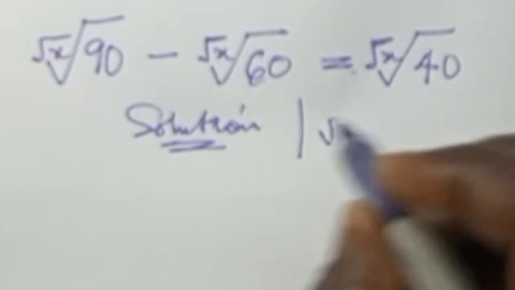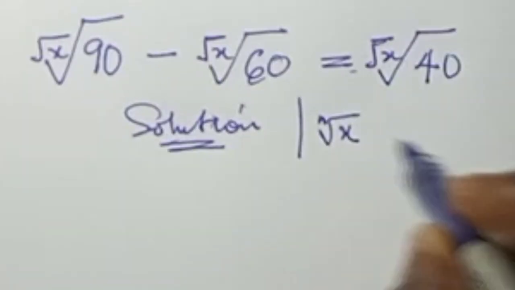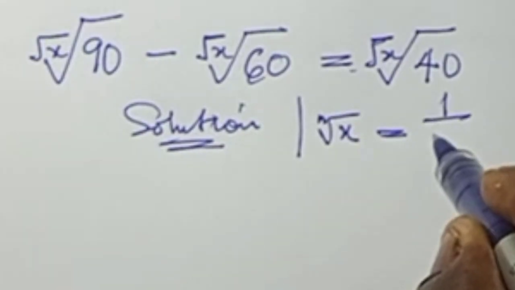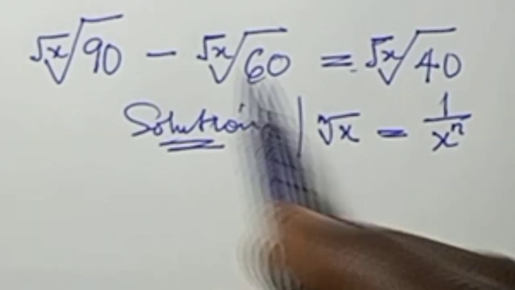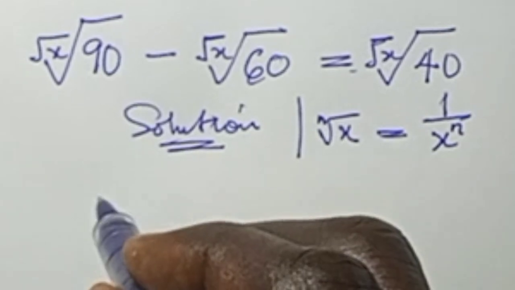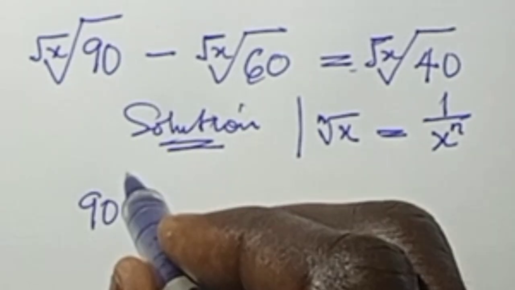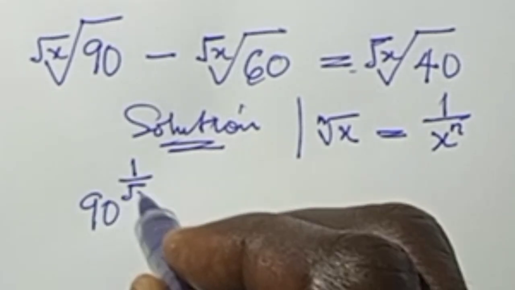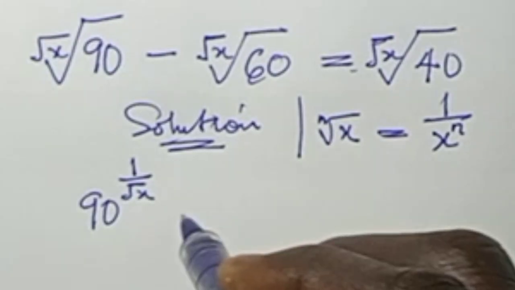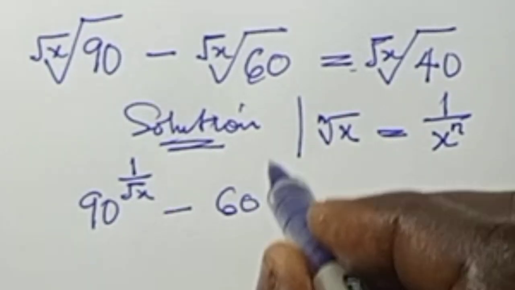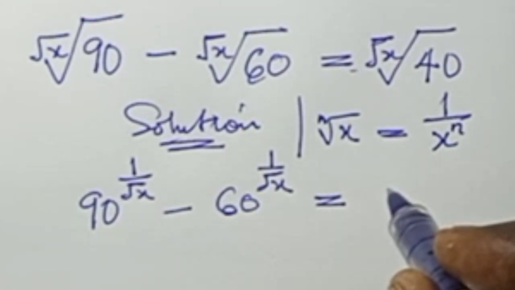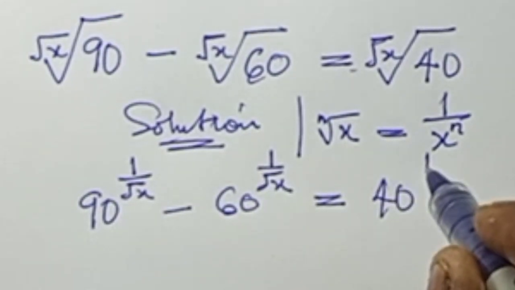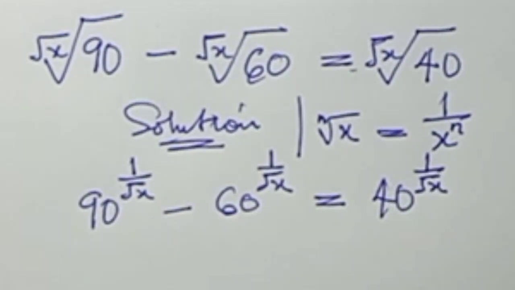Recall that the nth root of x is represented as x raised to the power of 1 over n. So if we apply this here, the equation becomes 90 to the power of 1 over square root of x minus 60 to the power of 1 over square root of x all equal to 40 to the power of 1 over square root of x.